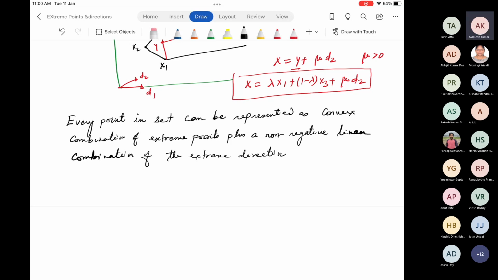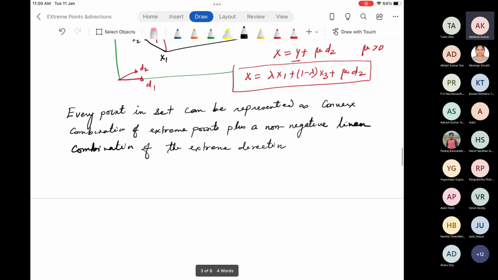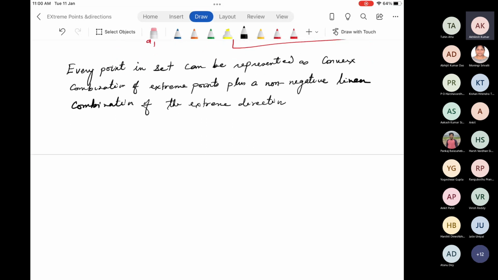But how do we prove that the optimality condition exists in linear programming? And that is described using extreme points and extreme directions. I'm not going to go back into linear programming, but I will tell you what we have studied as a method there.